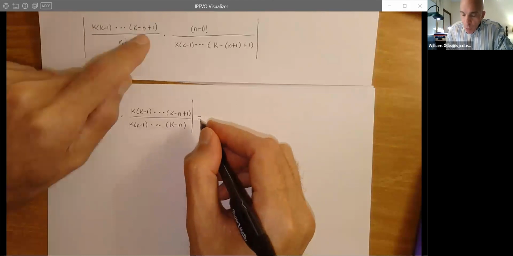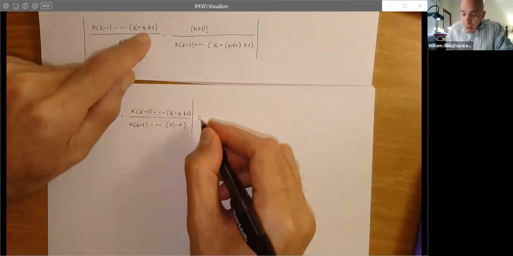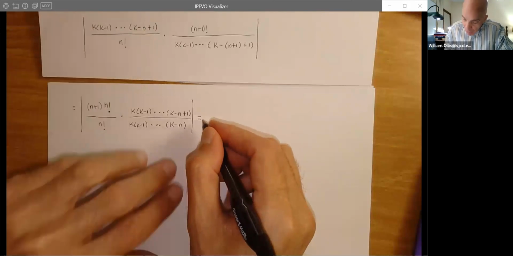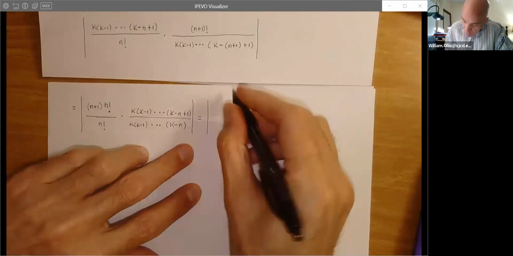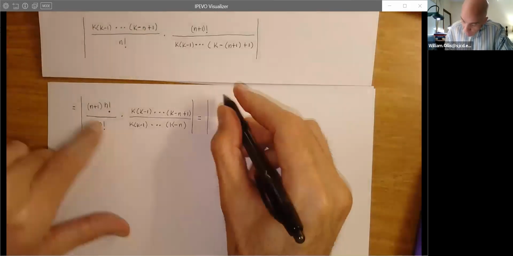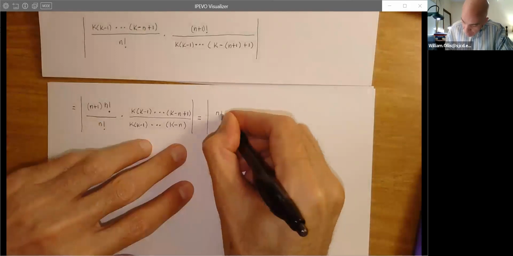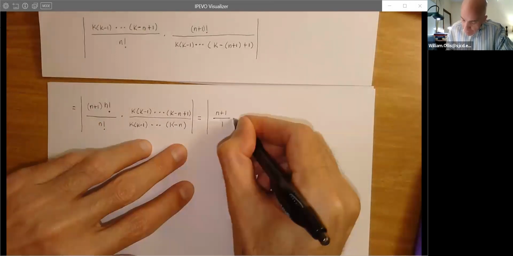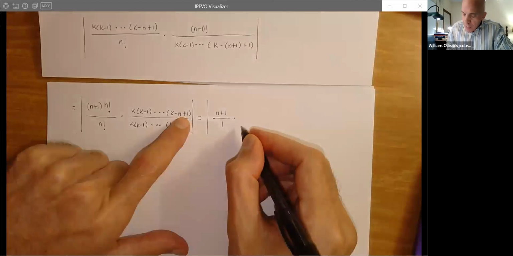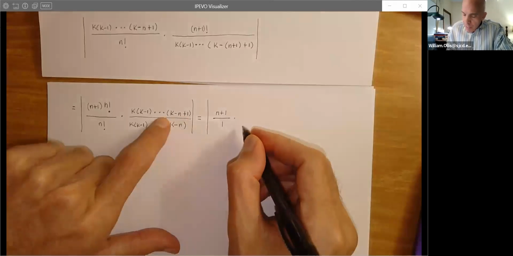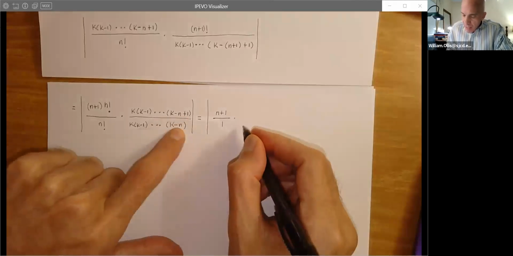So the factor before this, what is it going to be? Let's just think about it. So we have n plus 1 over 1. And as we move up and as we move down, notice that's not going to help us.